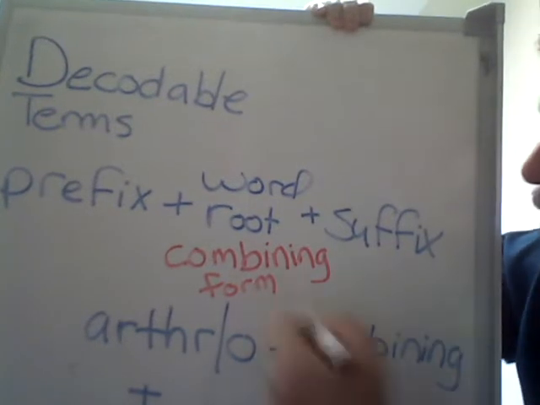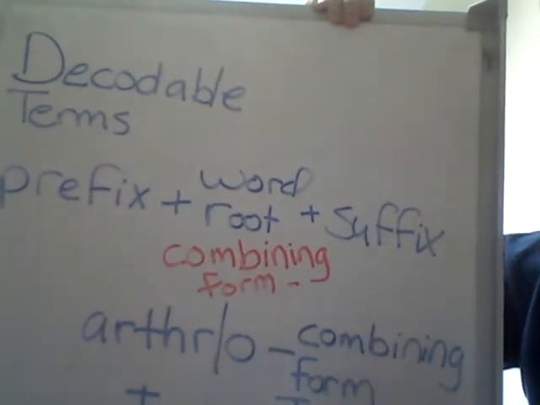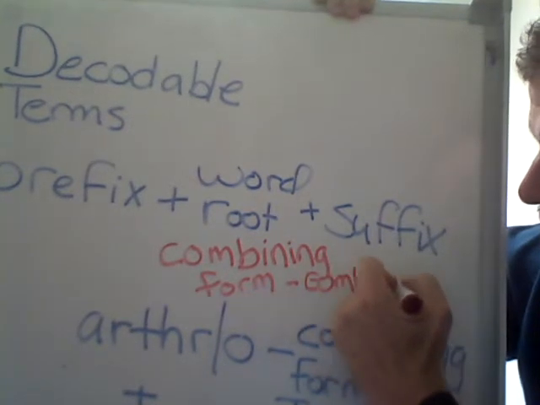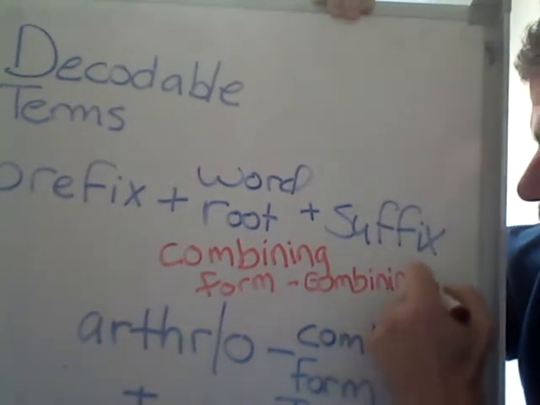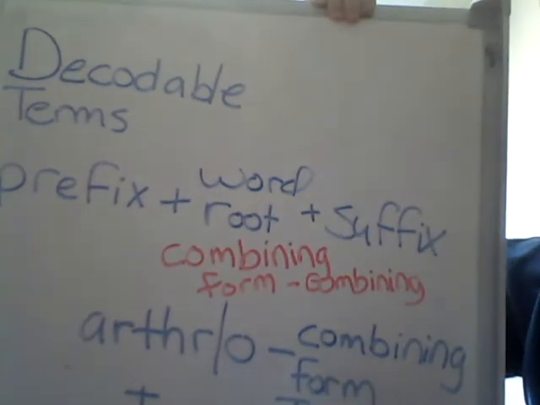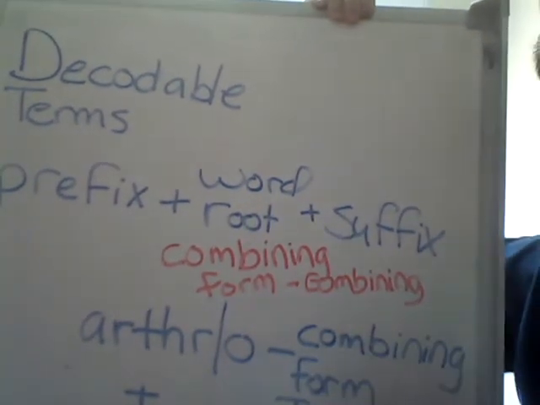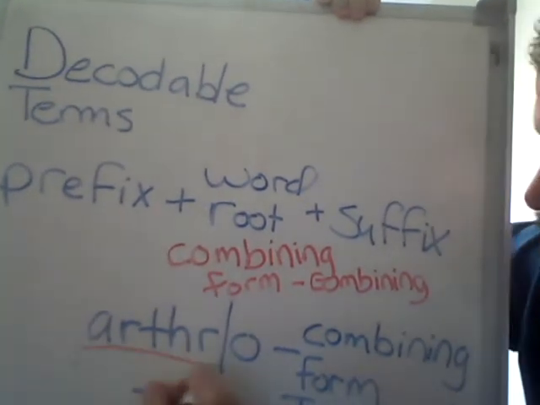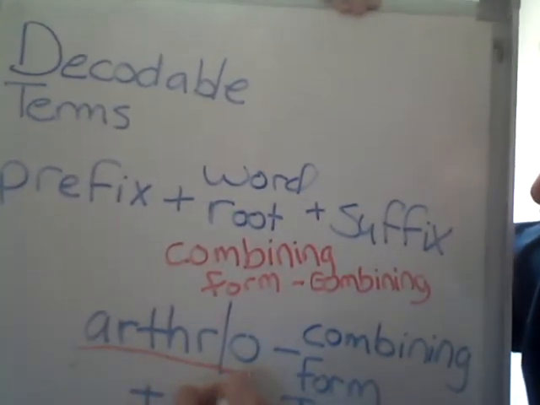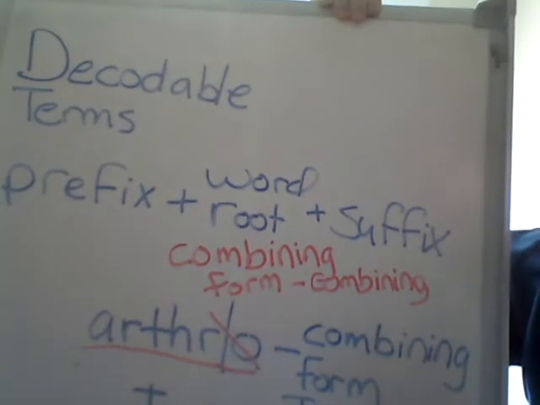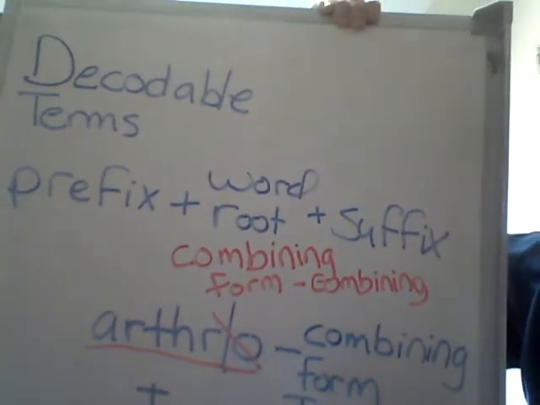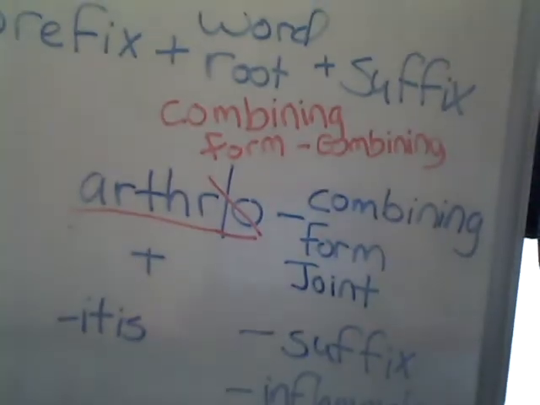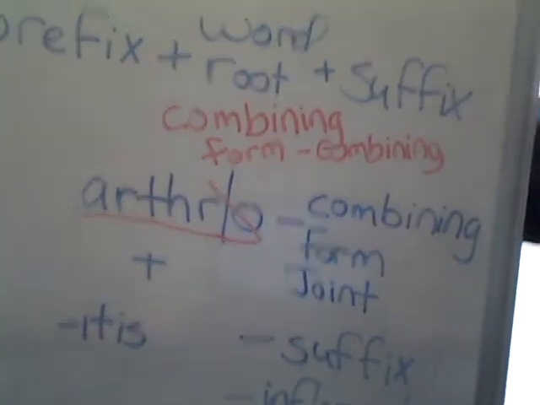A combining form simply adds the combining vowel to the word root. So in the example that we just used, arthro is the combining form. If we just had ARTHR, that would be the word root. But it's a combining form or word root for joint.